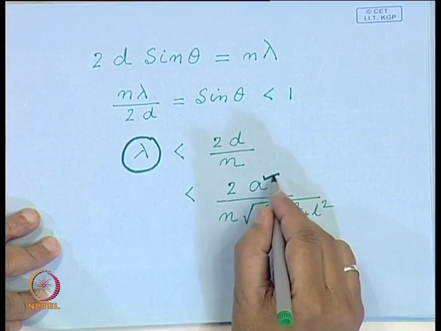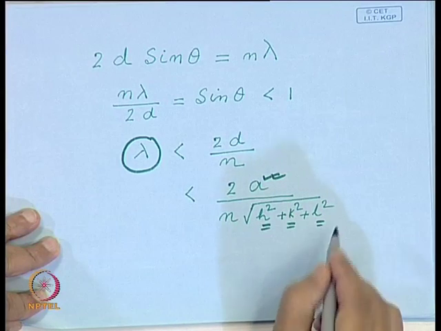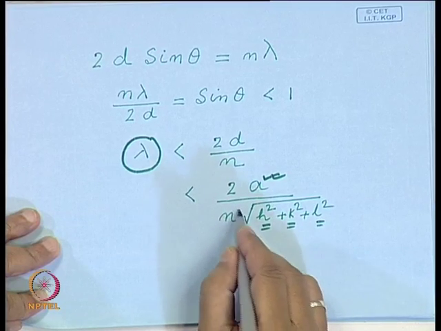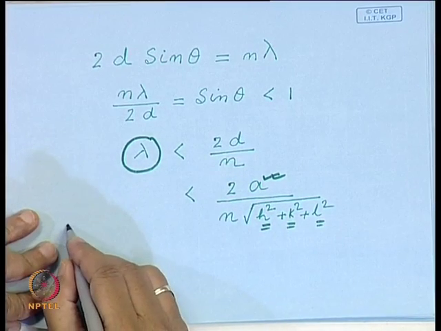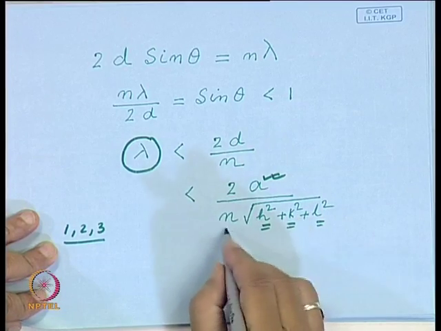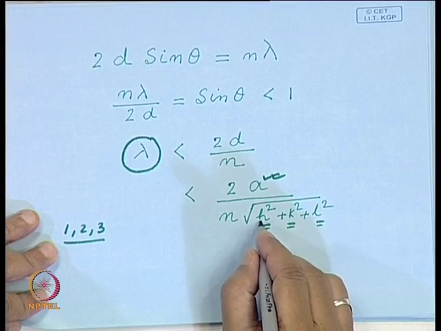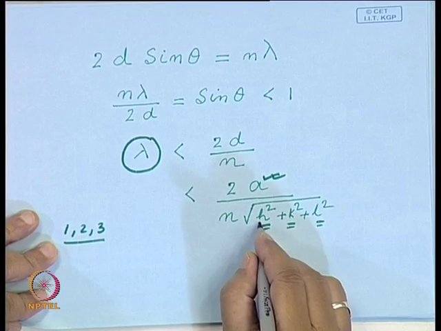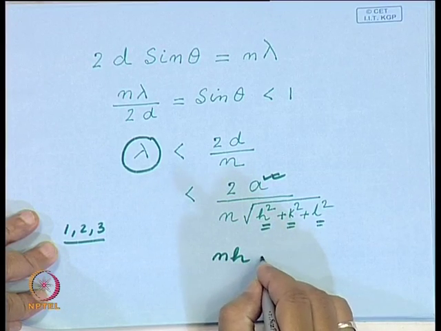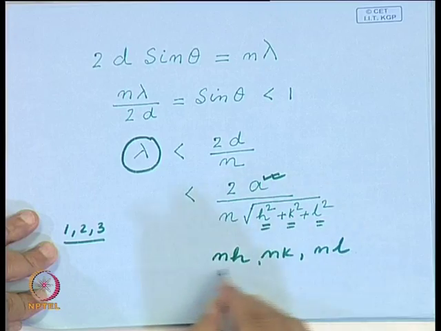Here d is the lattice spacing, these are the Miller indices of the reflecting plane, and n is an integer called the order of the diffraction. This n can have the value 1, 2, 3, etc. Very often in X-ray diffraction, instead of saying the reflection comes from plane HKL, we say the reflection comes from nh, nk, nl.